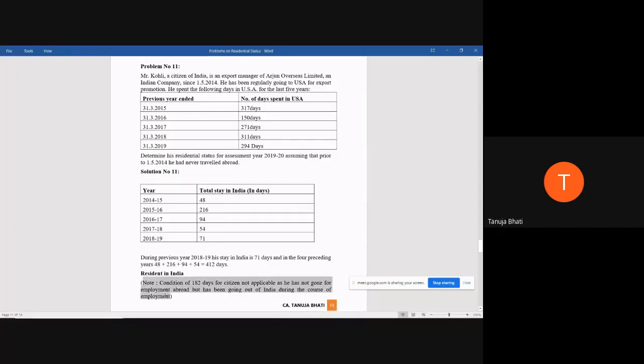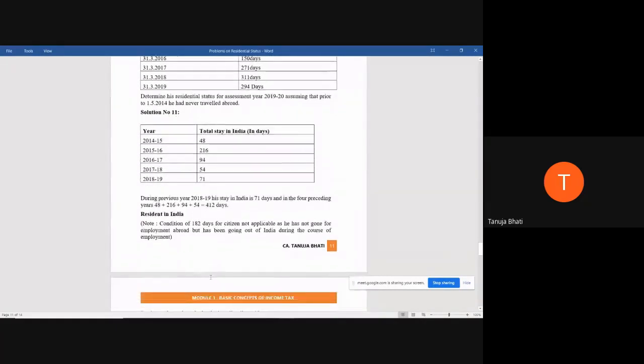So note that the condition of 182 days for a citizen is not applicable, as he has not gone for employment abroad but has been going out of India only during the course of employment. He's actually employed in India, but he's just going outside India for the promotion. So in the course of employment he's going, but he's not going for employment outside India. Therefore, this is not an exception. Therefore, we have to not just see 182 days, we have to see other conditions also.